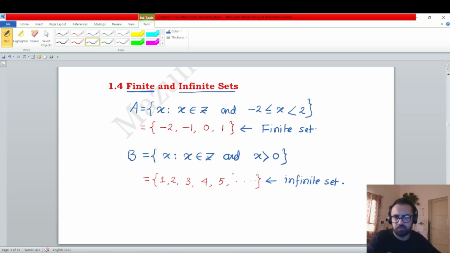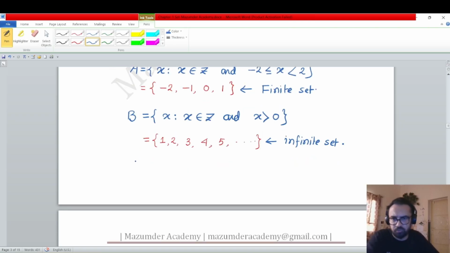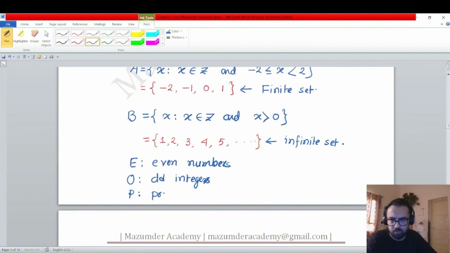So for example, the collection of even integers, then odd integers, then prime numbers. These all are infinite sets.